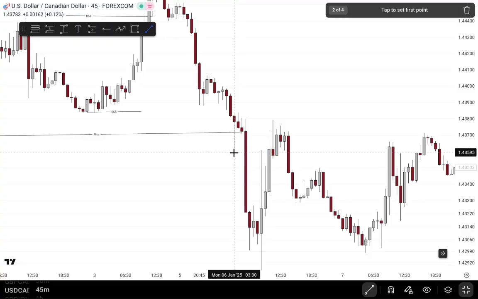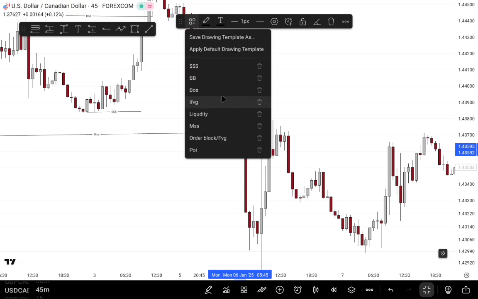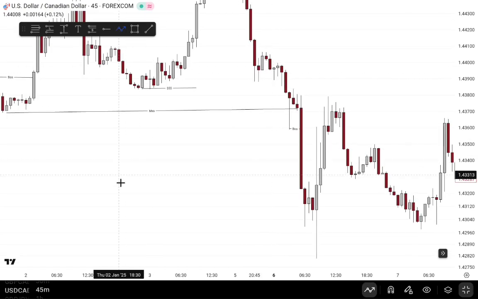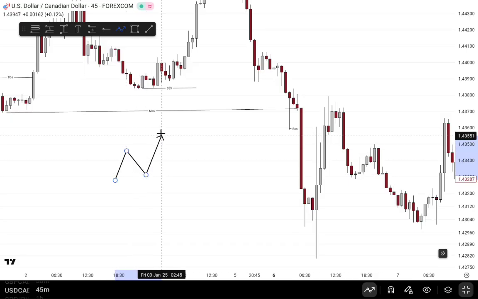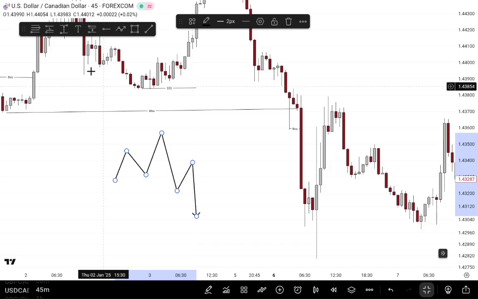Most of you guys are going to mark it as break of structure. I don't do that. I can't mark this as break of structure. To have a break of structure, after price gives us a market structure shift, we need price to give us what? An impulsive move, a little pullback, and a break of structure to the downside. This is how break of structure is.